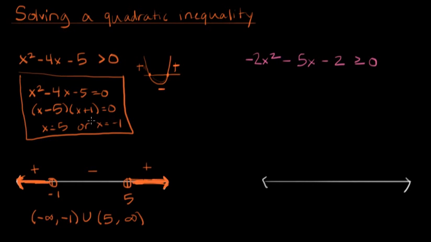Okay. So another way to do this, if you don't want to or can't visualize the graph of the function, is you can test a point. So for example, you can test 0. So if you plug in 0, we get 0 squared minus 0 minus 5.